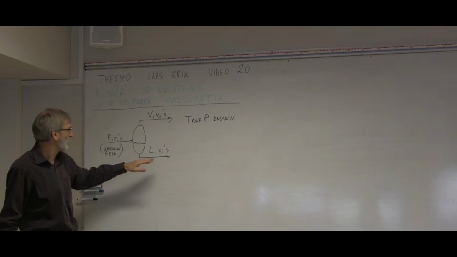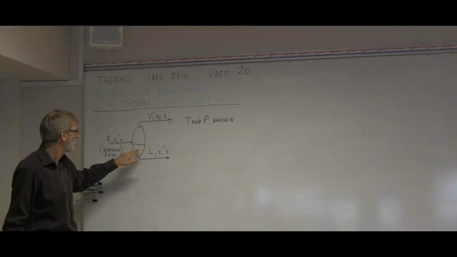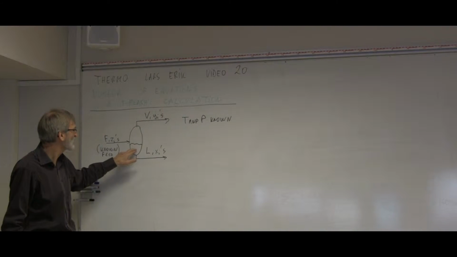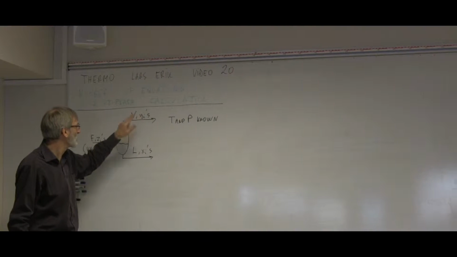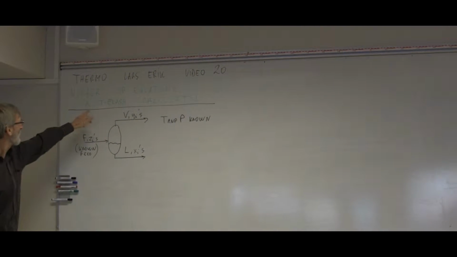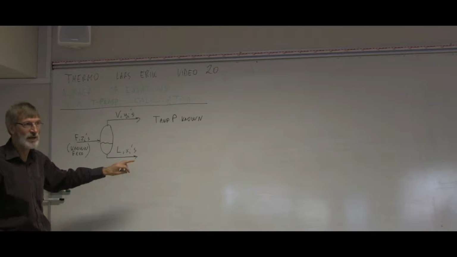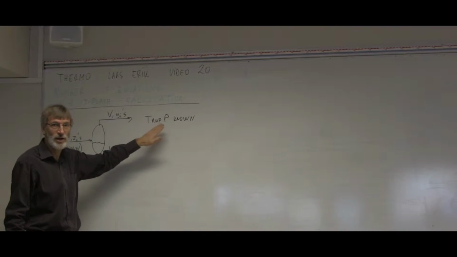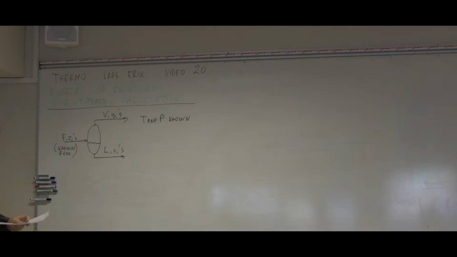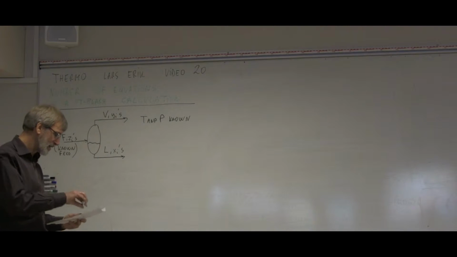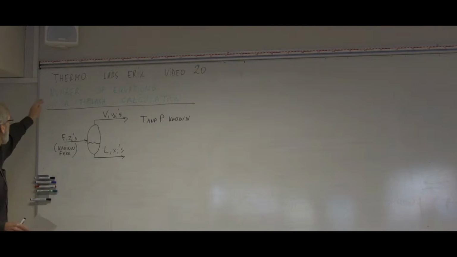The liquid compositions are the x's, and the vapor compositions are the y's. And in a PT flash, we assume that the temperature and the pressure are known. And then the question is about the number of equations.